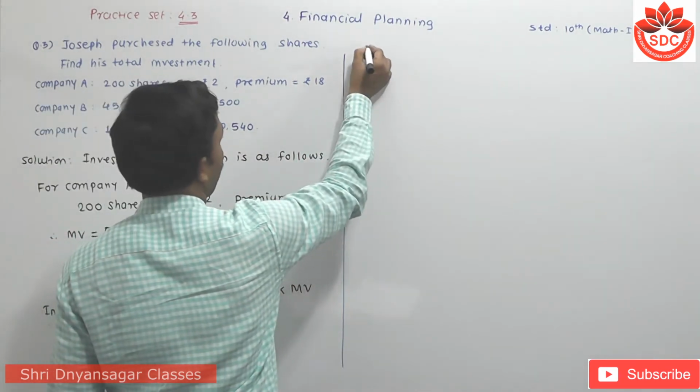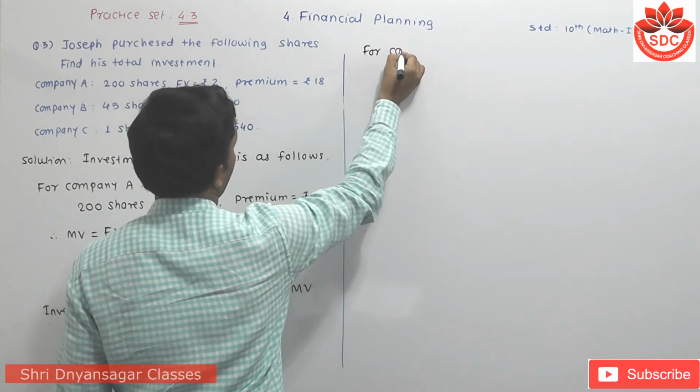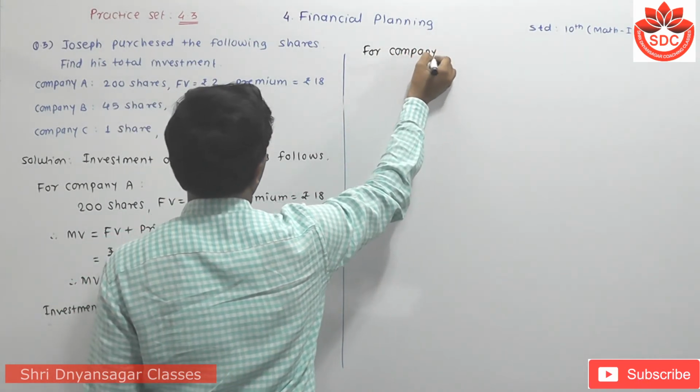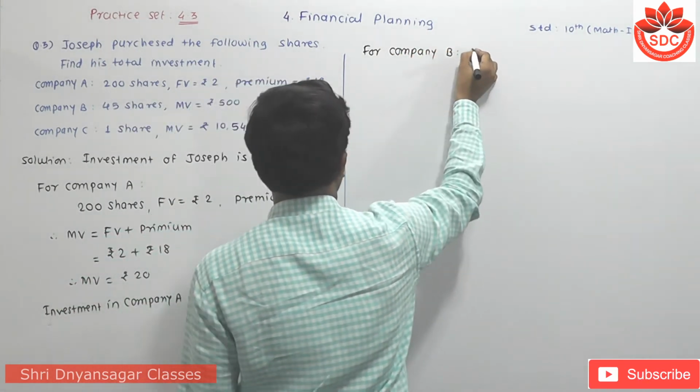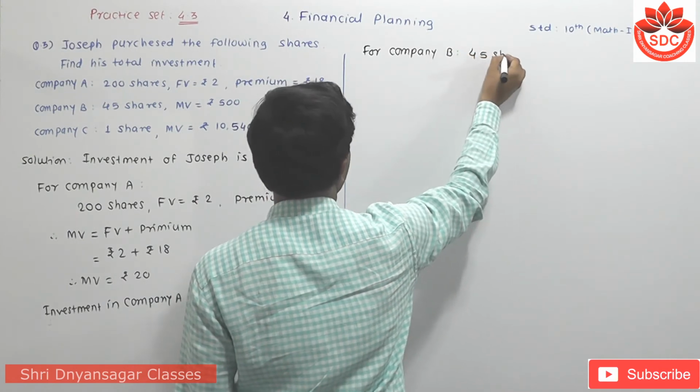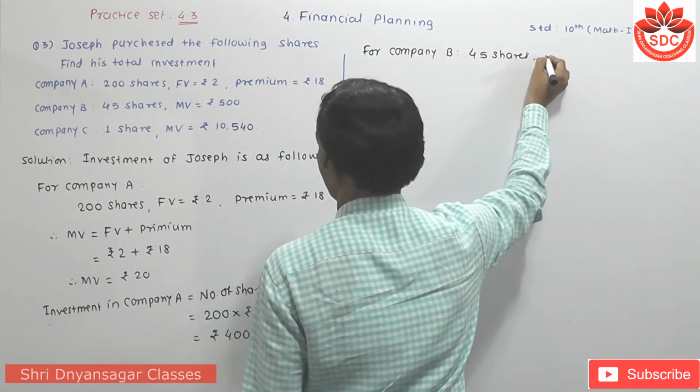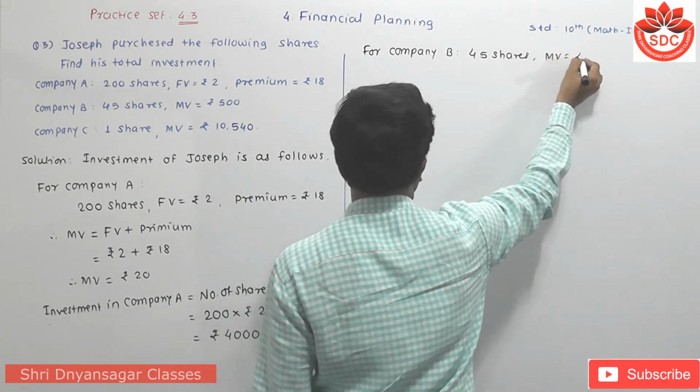Then for company B, number of shares is 45 shares, and market value is directly given here, rupees 500.